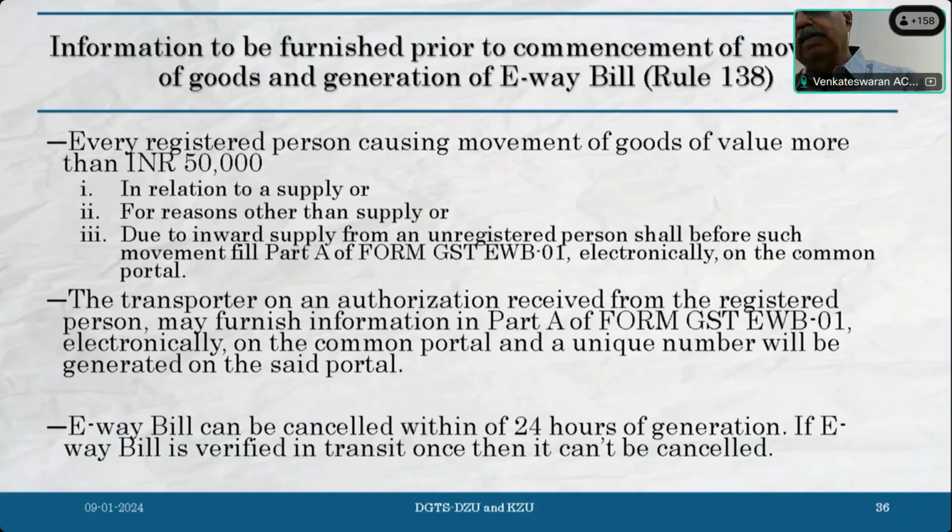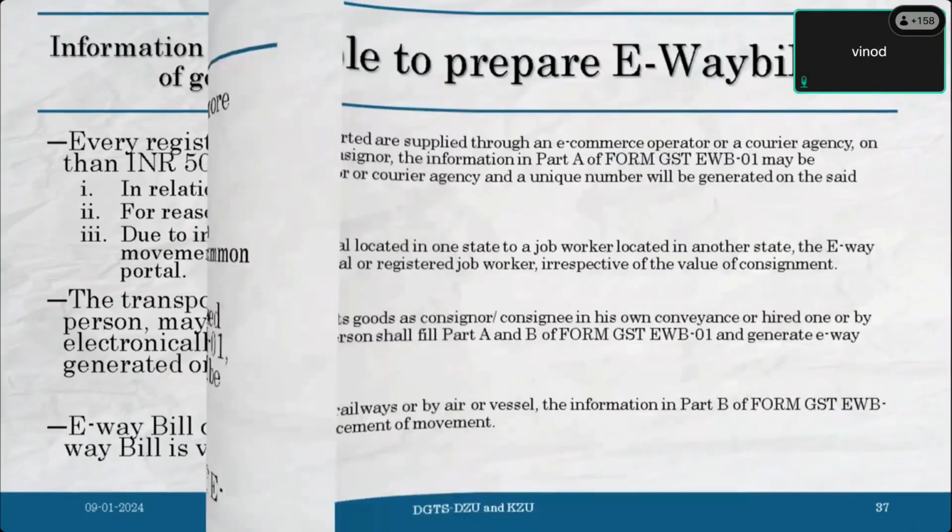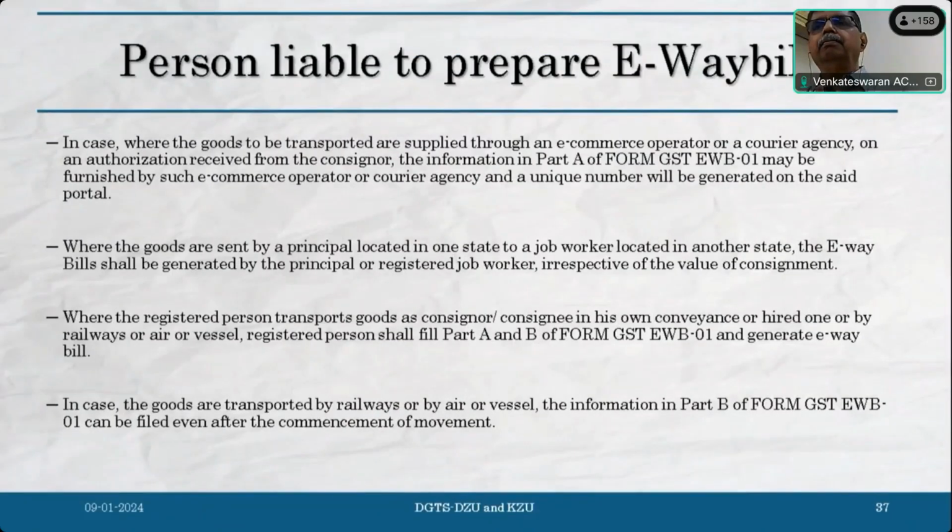Here also please note, when you are sure about the transportation, then make the invoice and e-way bill. Otherwise, it is better to keep mum and not prepare any e-way bill till your attachment level, due to security risk.